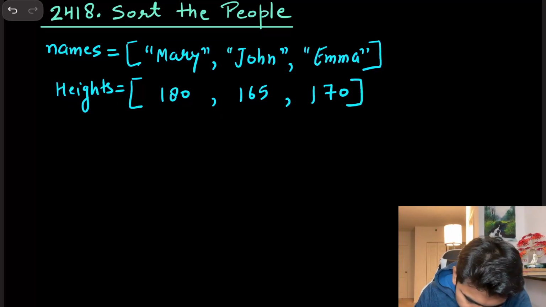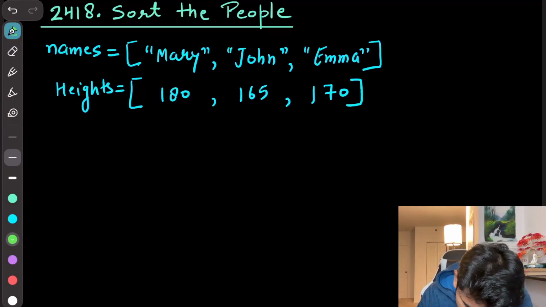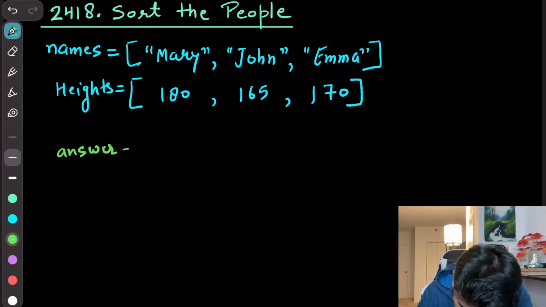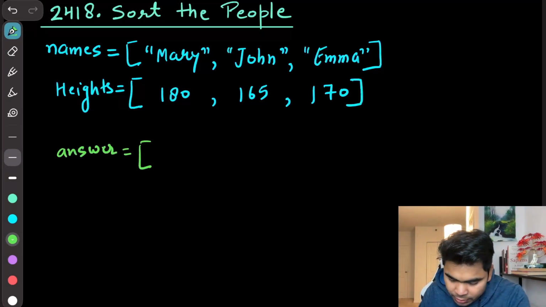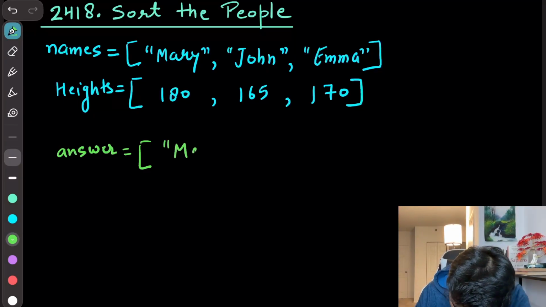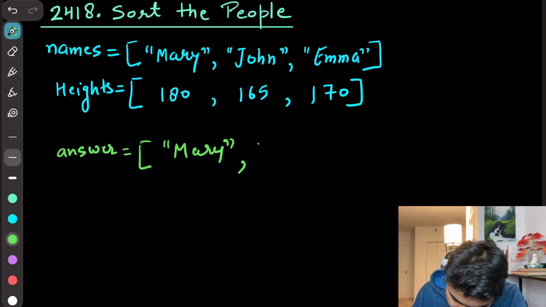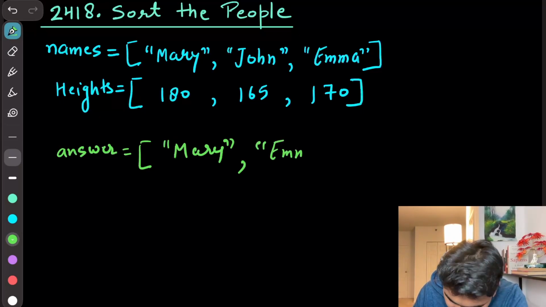So our answer would be descending: Mary would be in the front because Mary is the tallest, and then we have Emma, and then we have John.